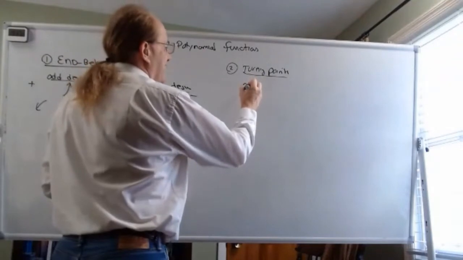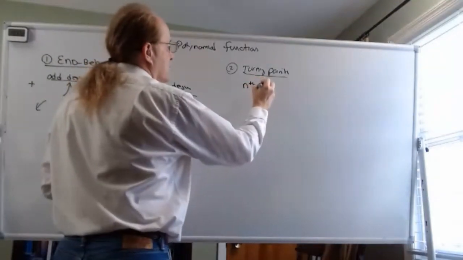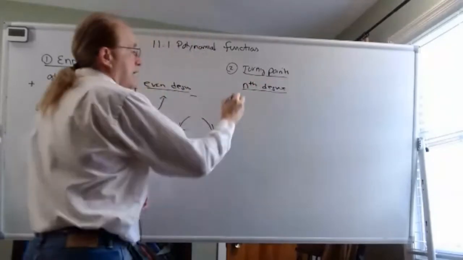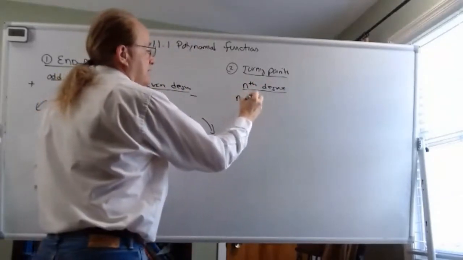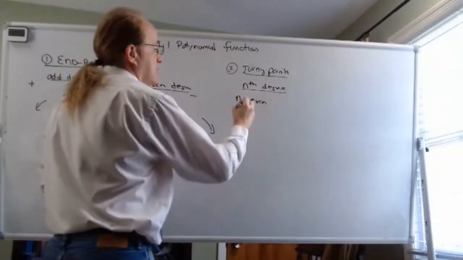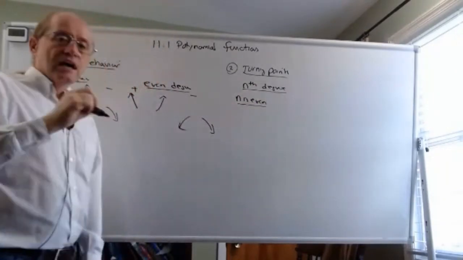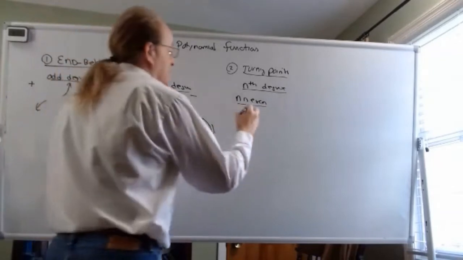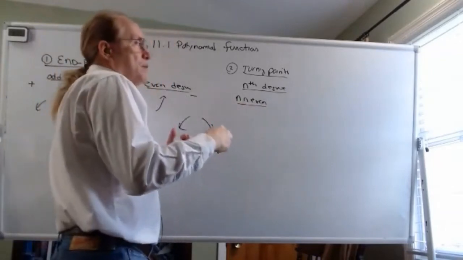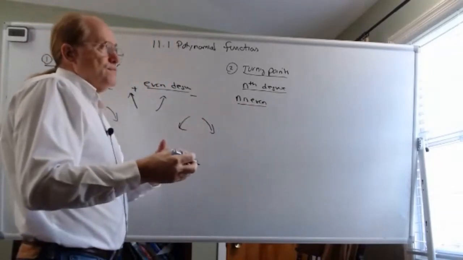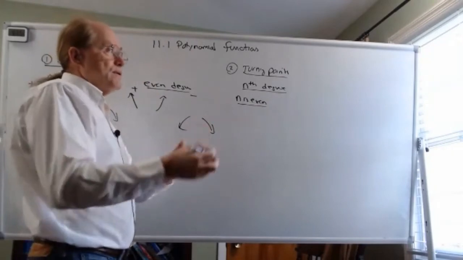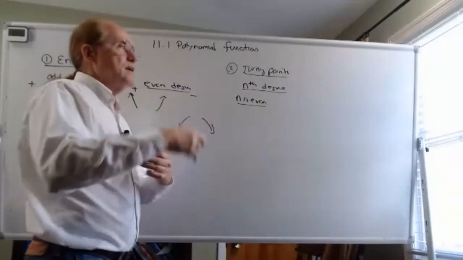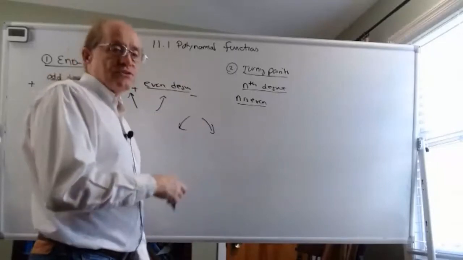If you have an nth degree polynomial, and n is even, then you can only have an odd number of turning points less than n. If n was to the sixth power, you could have a fifth, you could have a third, you could have a first, but you can't have a fourth, second, or 0.